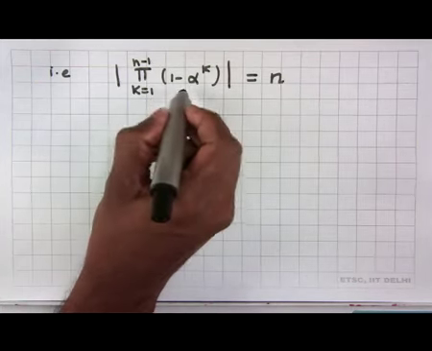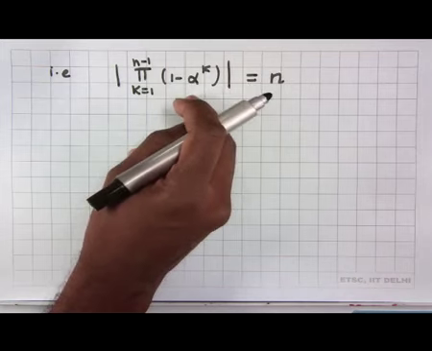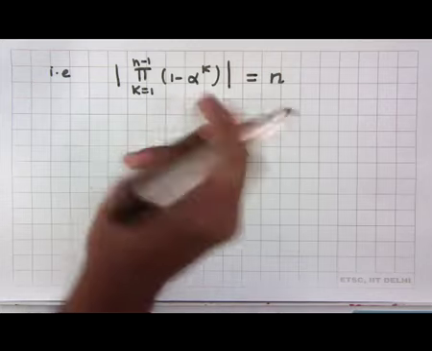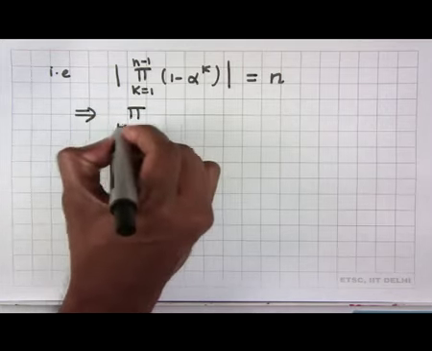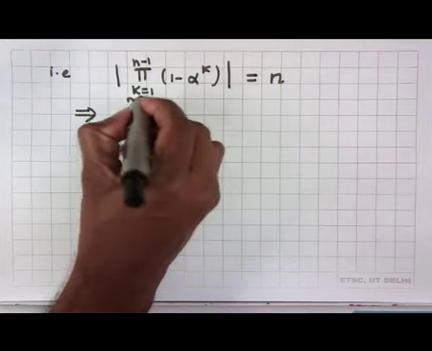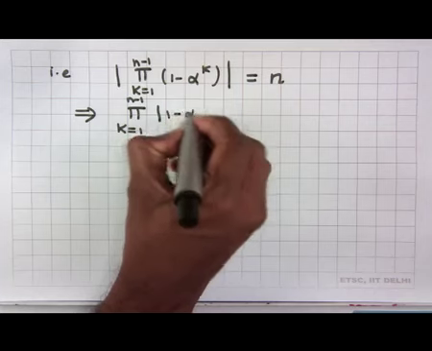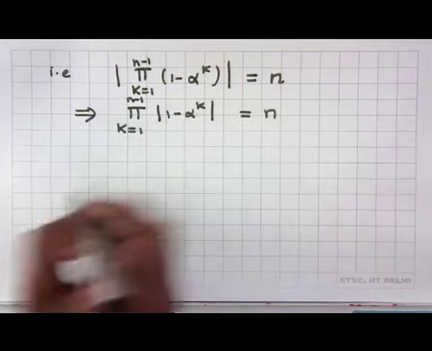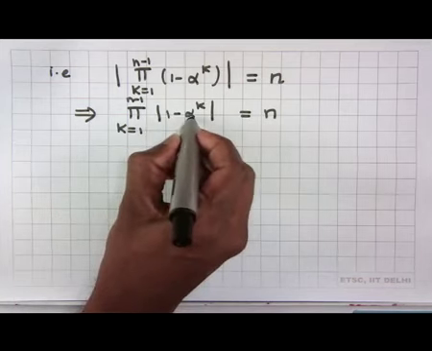So, modulus of z1 z2 will give us mod z1 product with mod z2. So, this is the same as the product of k from 1 to n minus 1, product of the modulus of the factor 1 minus alpha power k, which is equal to n, and this is nothing but the distance from p naught to pk.